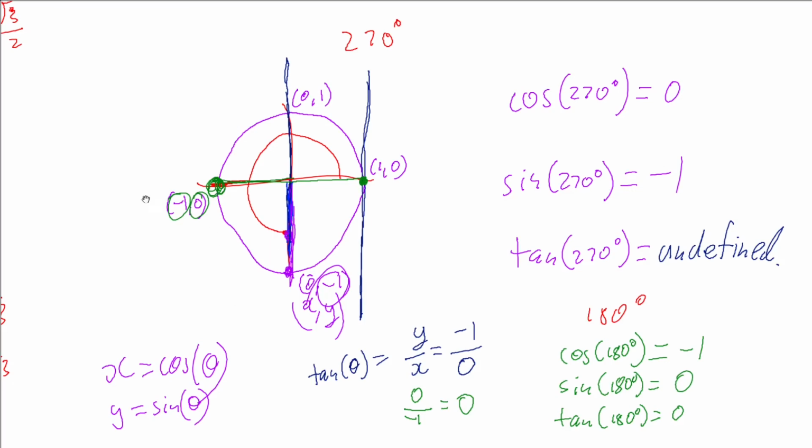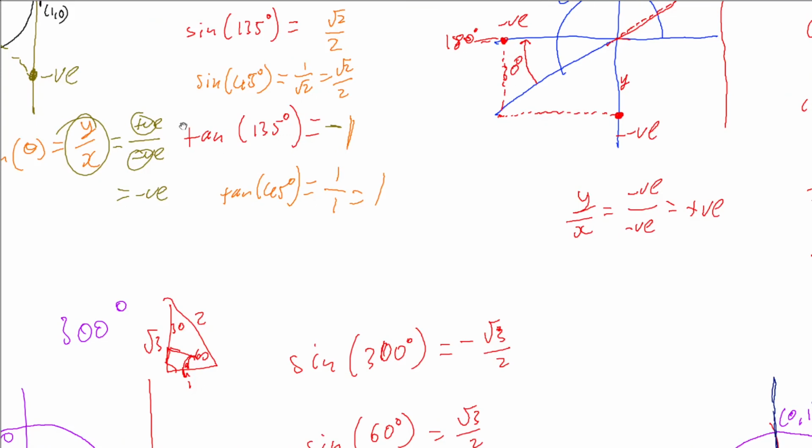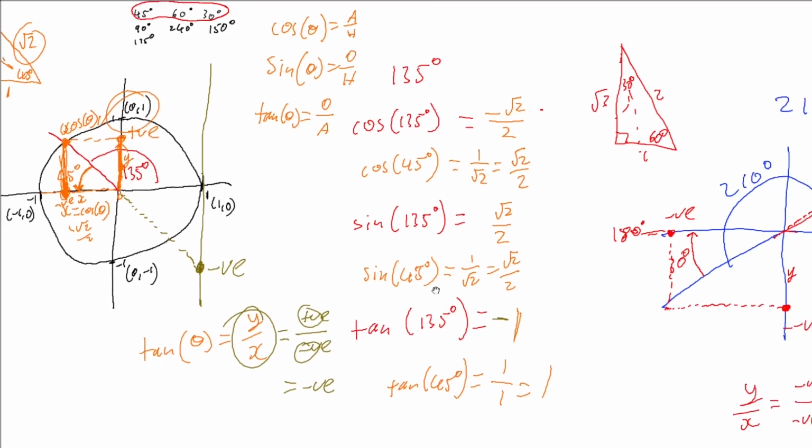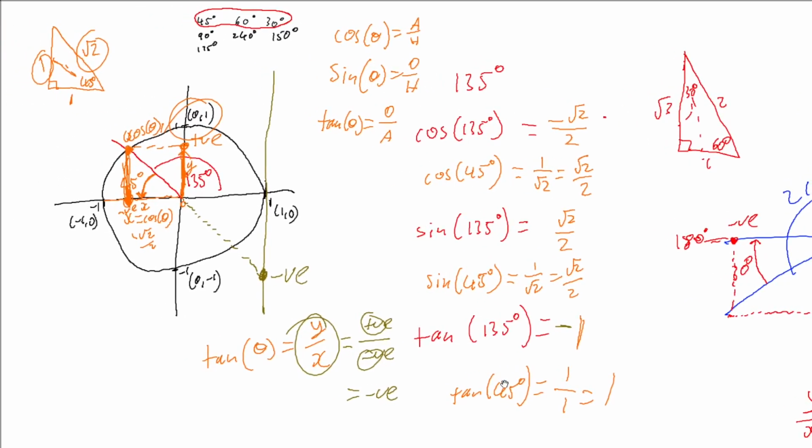So there we go. If you know about your unit circle and you can play around with it, we can work out any integer multiple of 45, 60, and 30. So whether it's 90 degrees, 180, 270, 360, or 135, 240, 150, 300, 210, any multiple of those can be worked out by thinking about the unit circle.